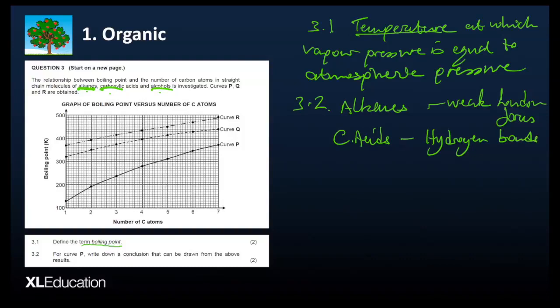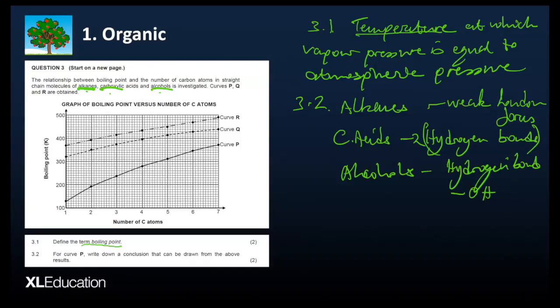But this one forms twice the strength because it has two sides of bonding. Then alcohols also have the same type of force, which is hydrogen bond. But this one has only a single side of bonding, since they only have one OH.